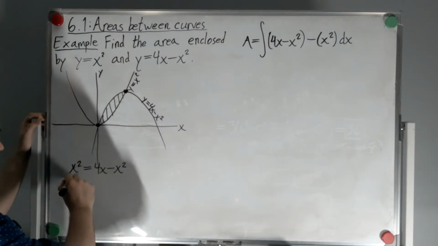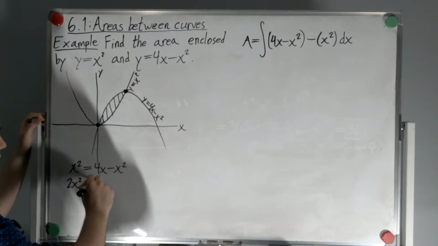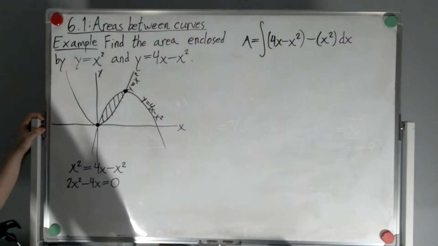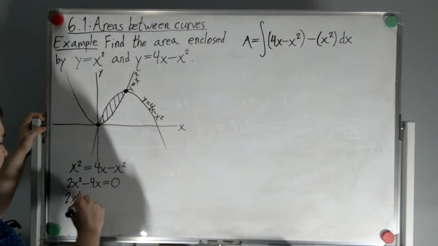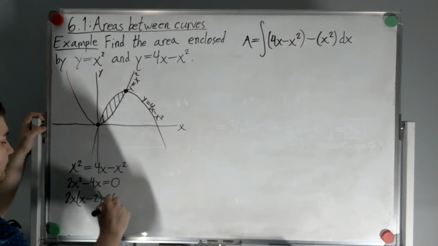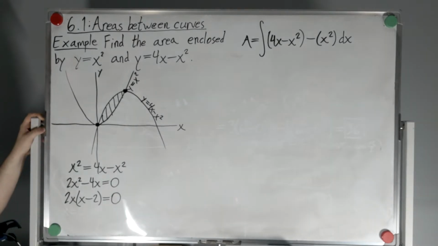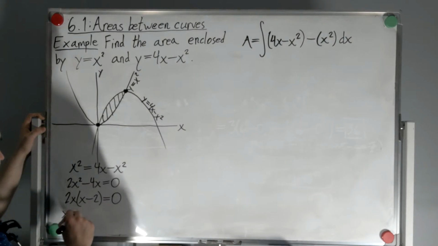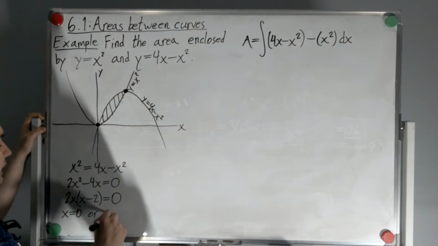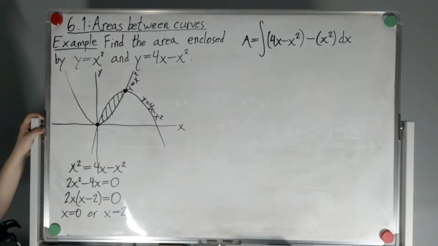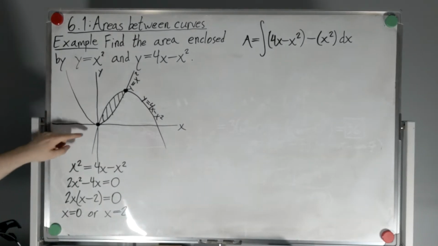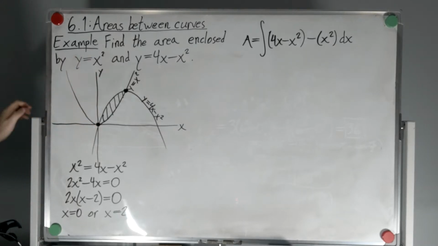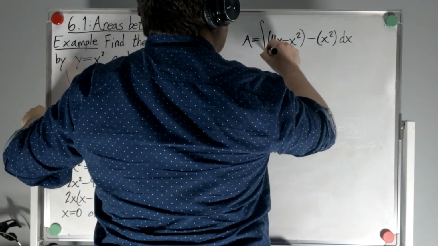That gives us 2x squared minus 4x equals 0, which we can rewrite as 2x times x minus 2 equals 0. And so we have two solutions, x equals 0, x equals 2. So once again, naturally, this point is where x equals 0, and this point is where x equals 2. And so the bounds of our integral are from 0 to 2.